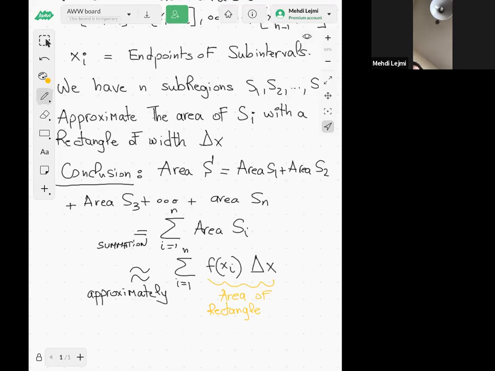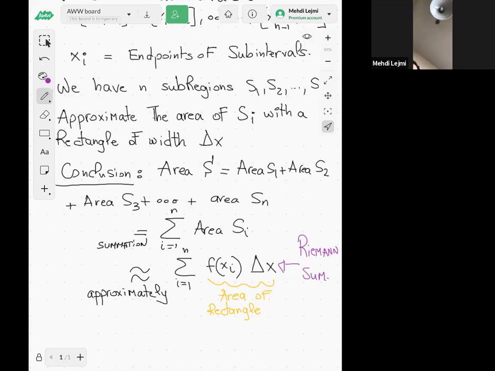This sum, the sum of f of xi times delta x, is called the Riemann sum. Riemann, of course, is a very well-known German mathematician from the 19th century.